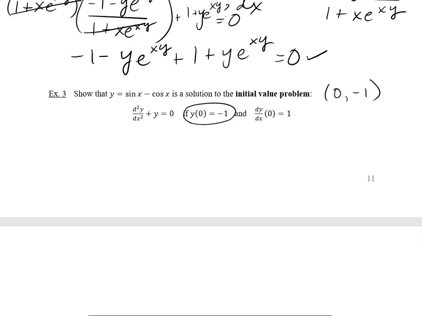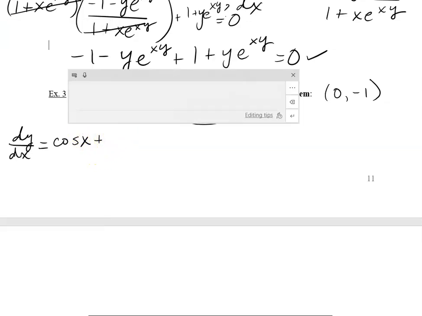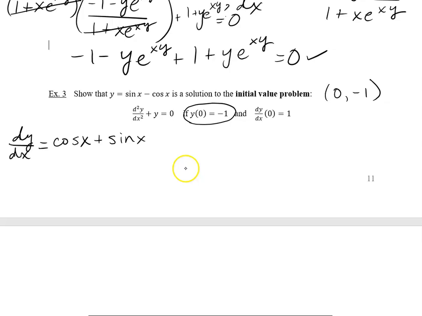Let's start by just verifying the original differential equation solution without worrying about the initial condition. So I'm going to start by finding the first derivative. So dy/dx would be cosine x plus sine x, right, because the derivative of cosine is negative sine.